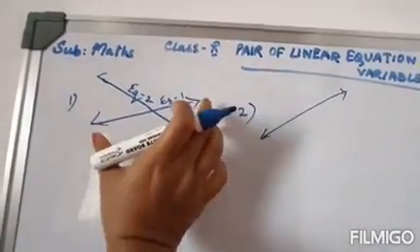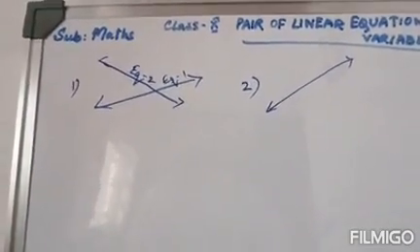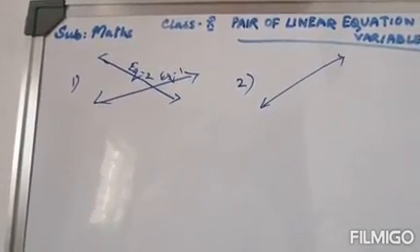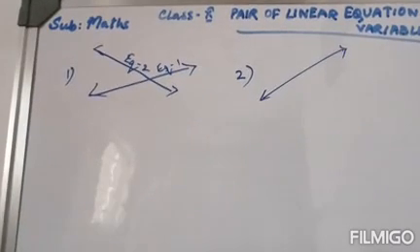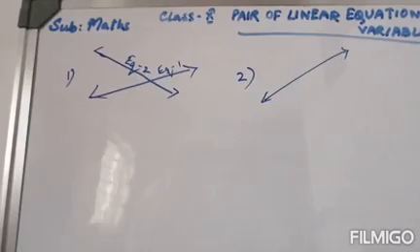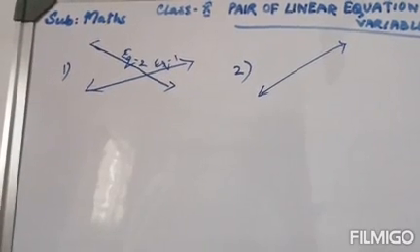For equation 1 and equation 2, when you draw the lines, whether on the positive side or the negative side, sometimes it may happen that in any of the graphs you may find that the lines of the equations are intersecting at a point.